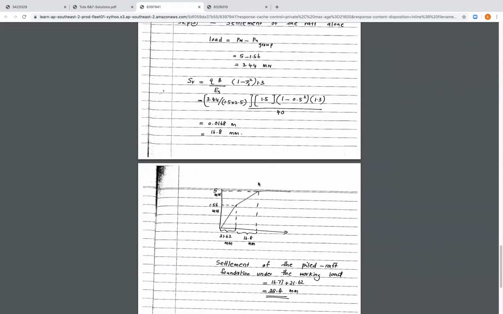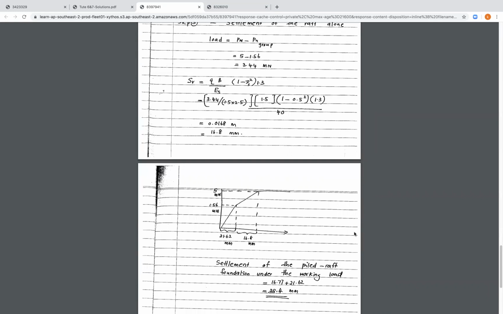Okay, and once you have done that, you will get the settlement due to the raft itself. And then if you sum the two values together, the settlement due to the pile group and the settlement due to the raft, that will be the total settlement due to the pile raft system. And that works out to be 38.4 millimeter.